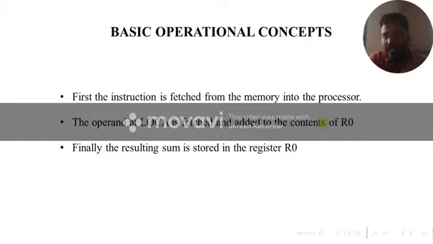R0 is nothing but a register. R0, R1, R2 are general purpose registers. They are used for storing and retrieving a particular type of data from the memory. Finally, the result is stored in the particular register that we specify. Here R0 is the register name that I have given.